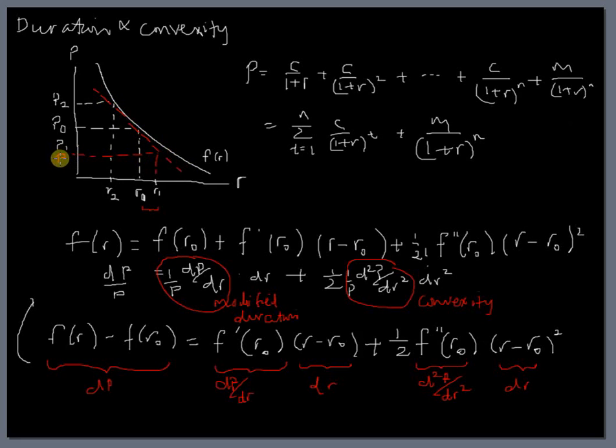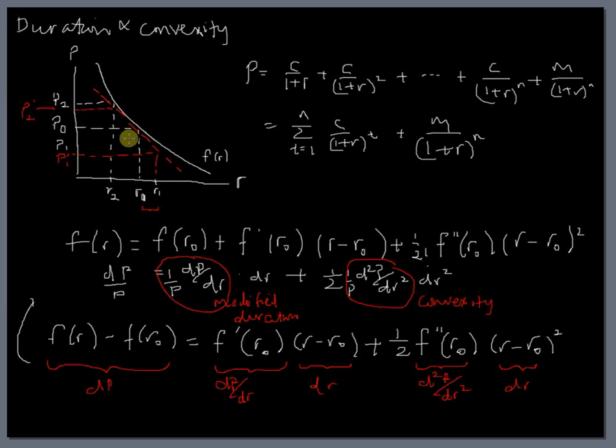Let's denote this as P1 prime. Similarly for here, when the yield goes down to R2, and if we apply this formula here, you see that the approximate price that this equation gives us will be somewhere around here. Let's call this P2 prime.